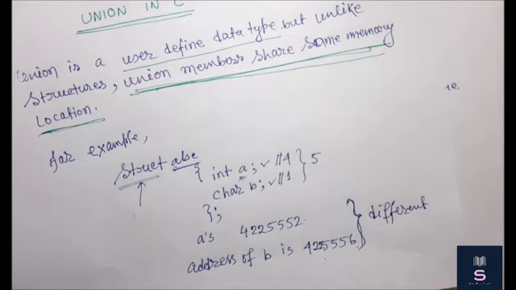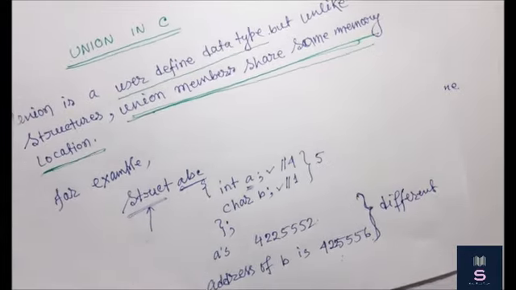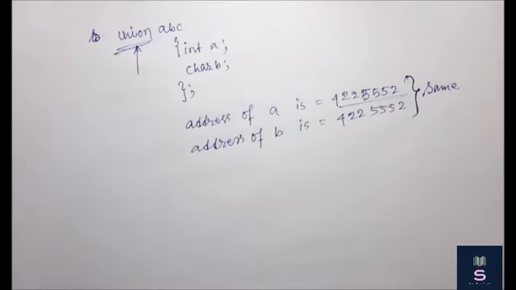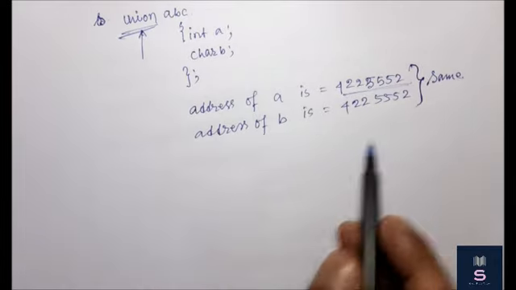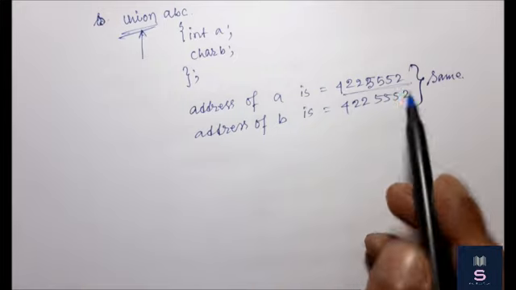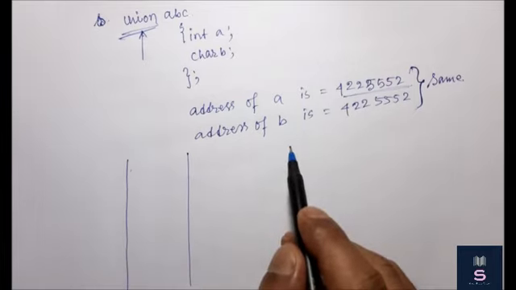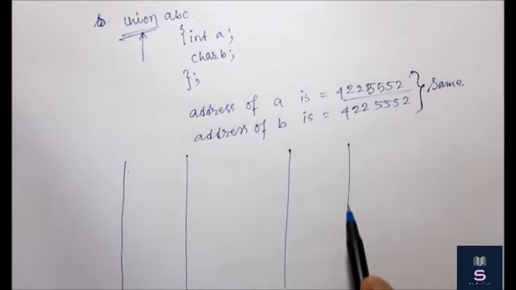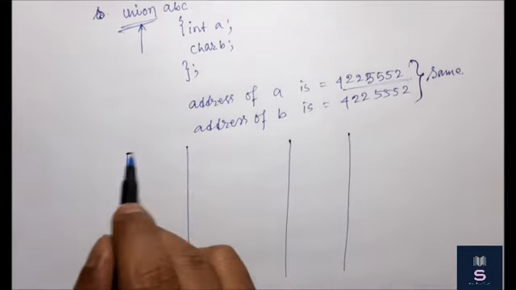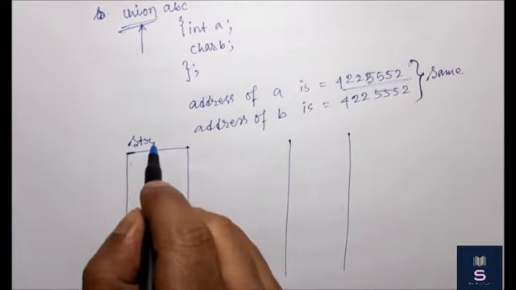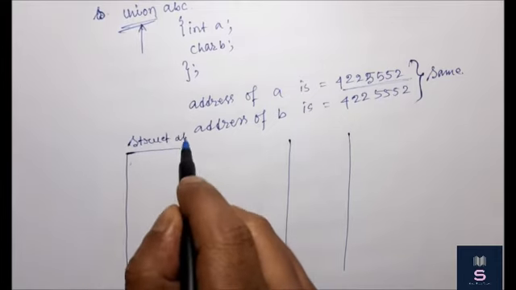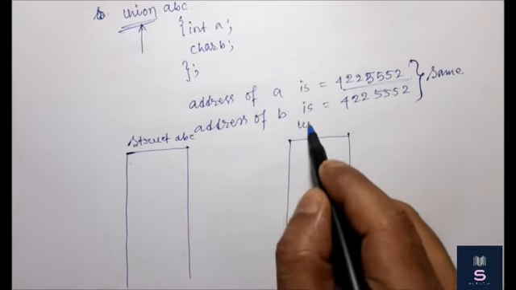So if I see the pictorial representation of memory allocation, how it is accessed or how we get this address. For example, this is my structure, struct ABC, and this is my union.